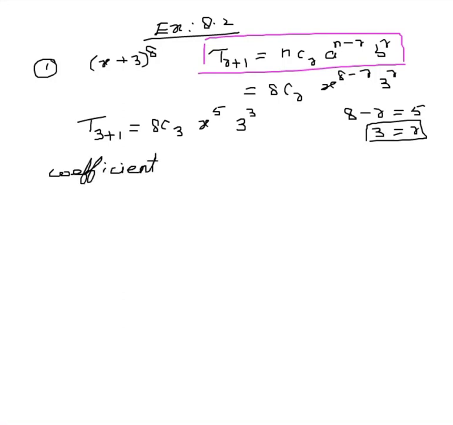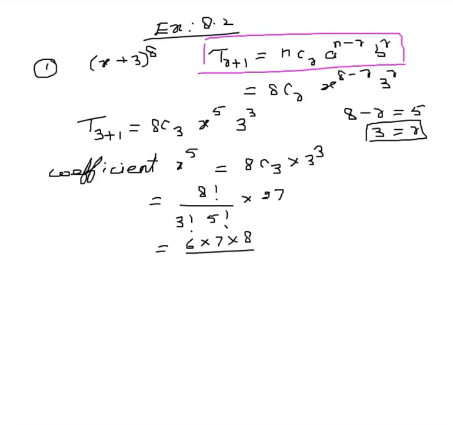Therefore, the coefficient of x^5 in this expansion is 8C3 times 3 cube. 8C3 is 8 factorial divided by 3 factorial times (8 minus 3) factorial, which is 5 factorial. 3 cube is 27. Cancel 5 factorial. 6, 7, 8 divided by 3 factorial is 2 times 3 times 27. 56 times 27. The answer is 1512.